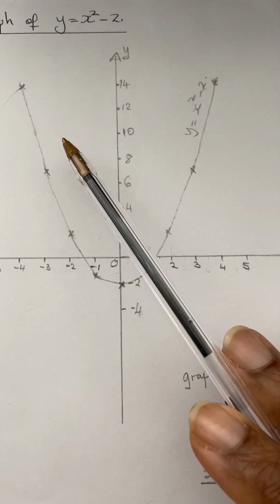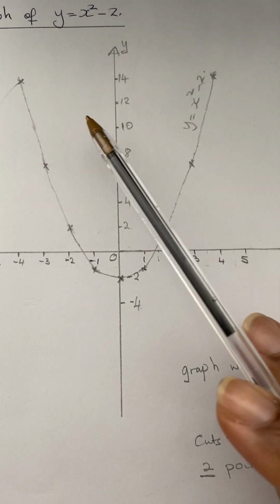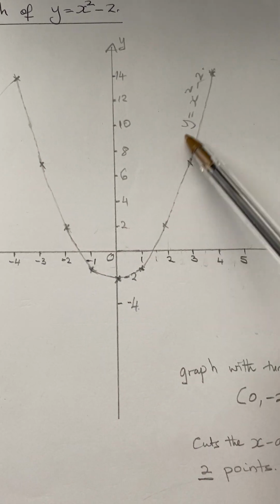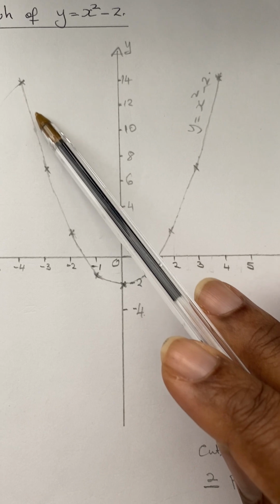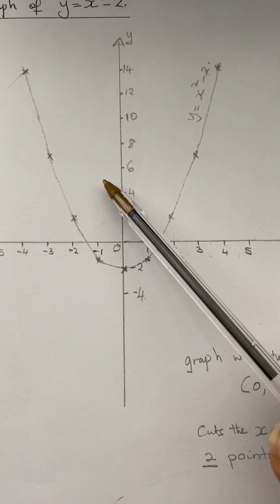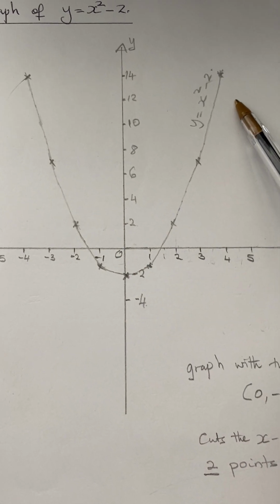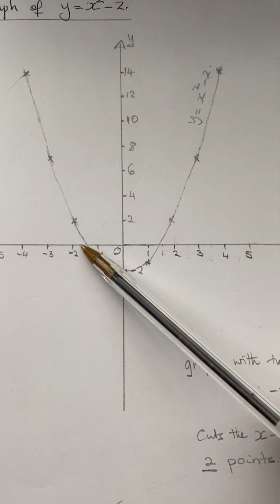If we did our calculation wrong on the table, we might not get a curve. We might not get a point going up this way. So then we quickly have to go back and check and see if there are any mistakes.